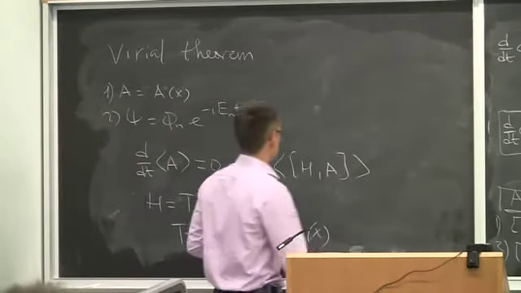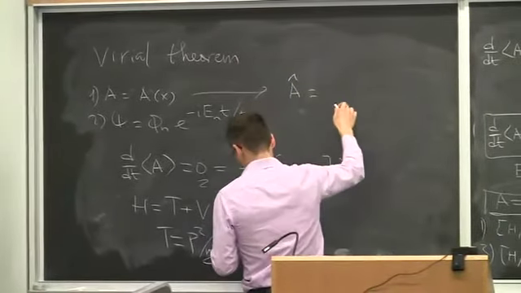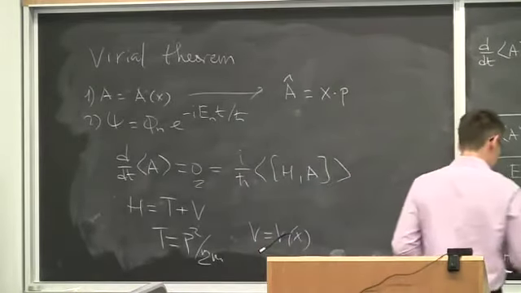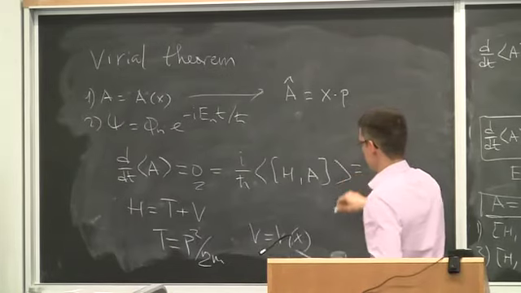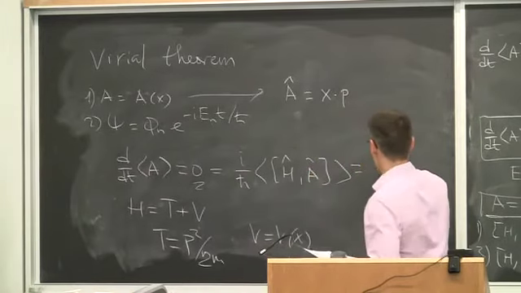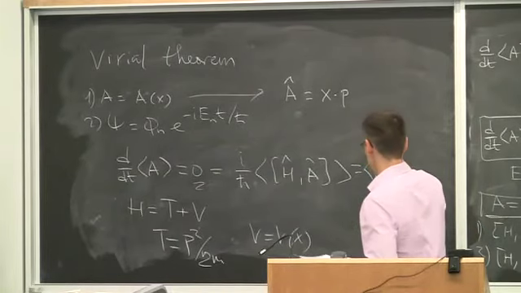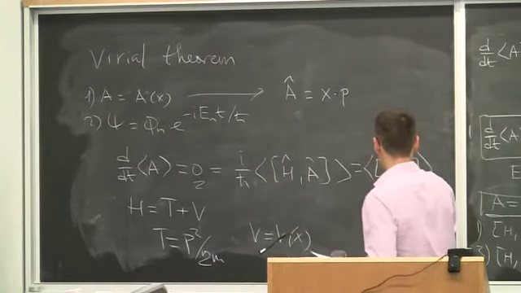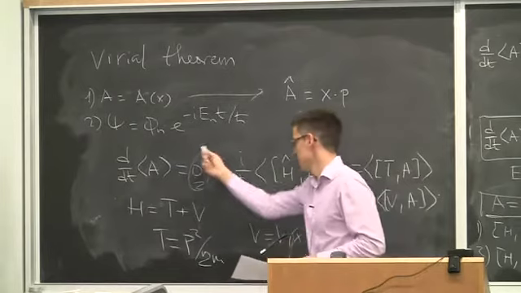It turns out that if we pick an operator A as x times p, then for this expression where we have H and A commutator, we can write it as the commutator of T and A plus the commutator of V and A, and this whole thing will be 0, right, for any A.